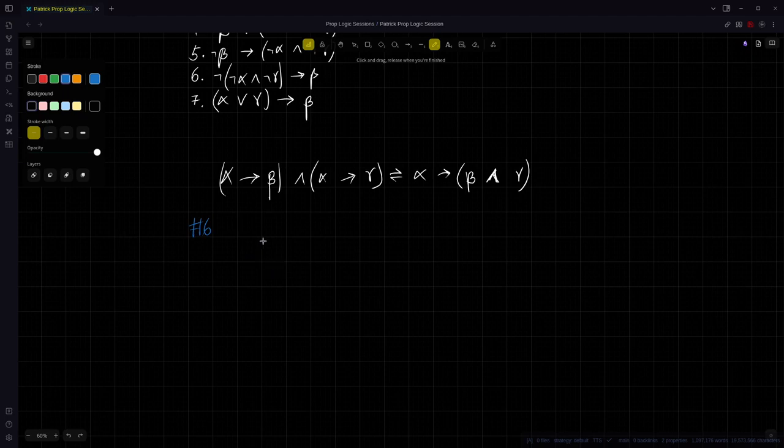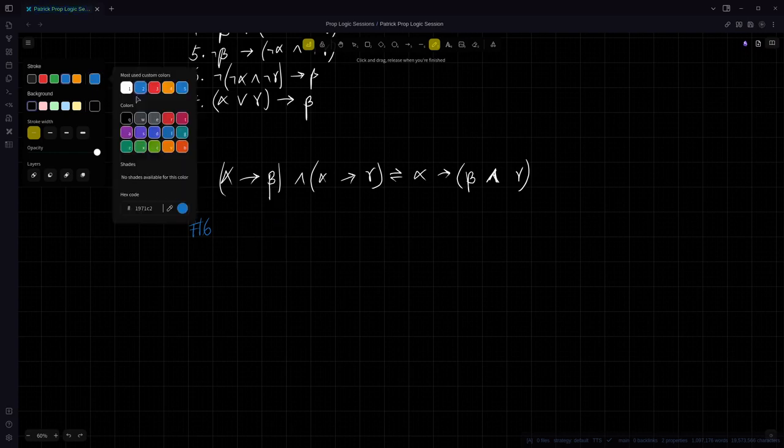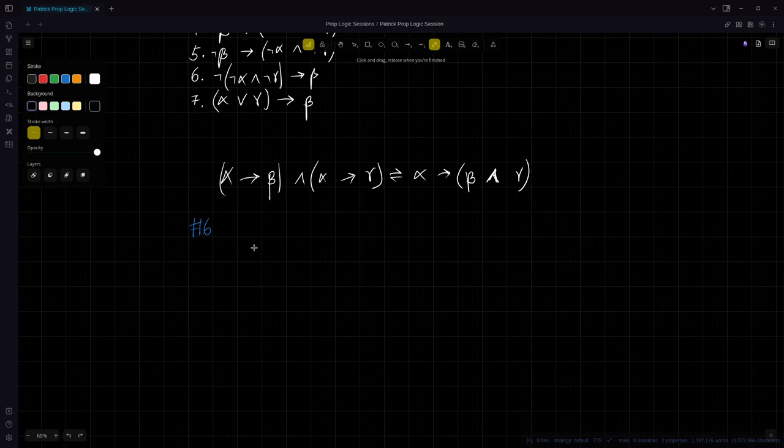If something entails its own negation, then it is false. That's all it is. So if alpha implies not alpha, then it is false. That's all it means.